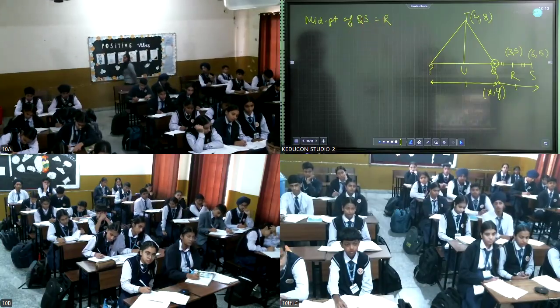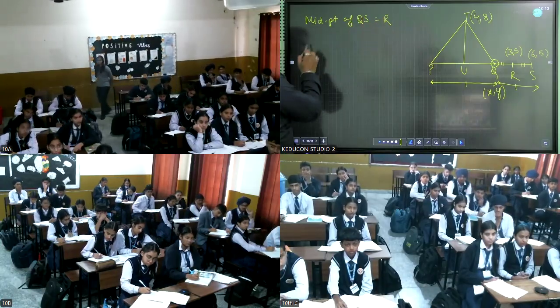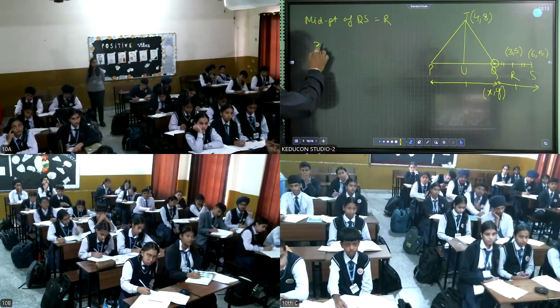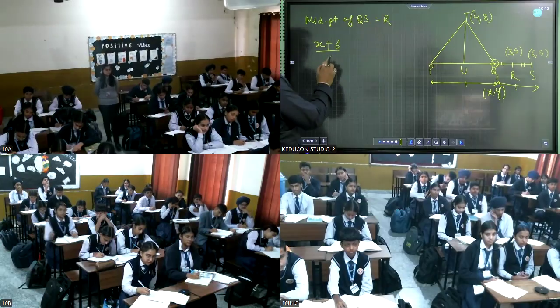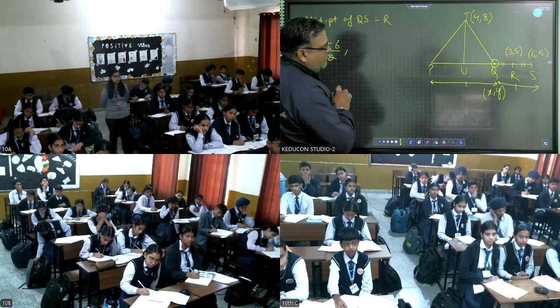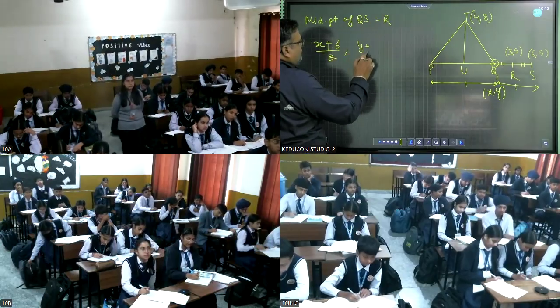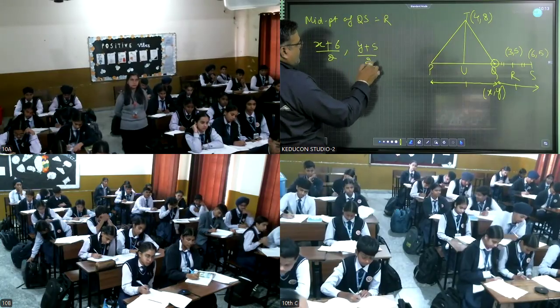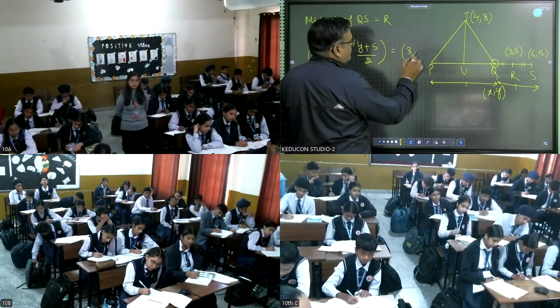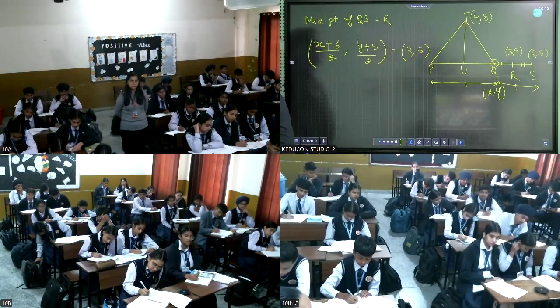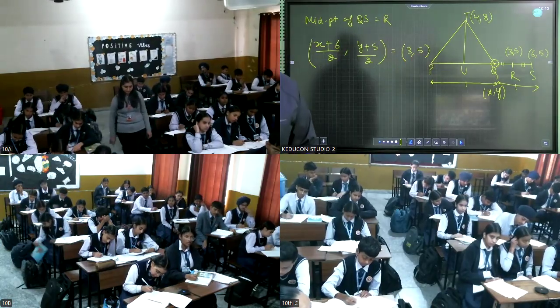तो ये फार्मूला लगा दे बेटा. व्हाट इज QS? QS के मिड पॉइंट क्या हो जाएंगे जी? x plus 6/2 comma y plus 5/2 is equal to 3,5. How can you find x and y? Yes.